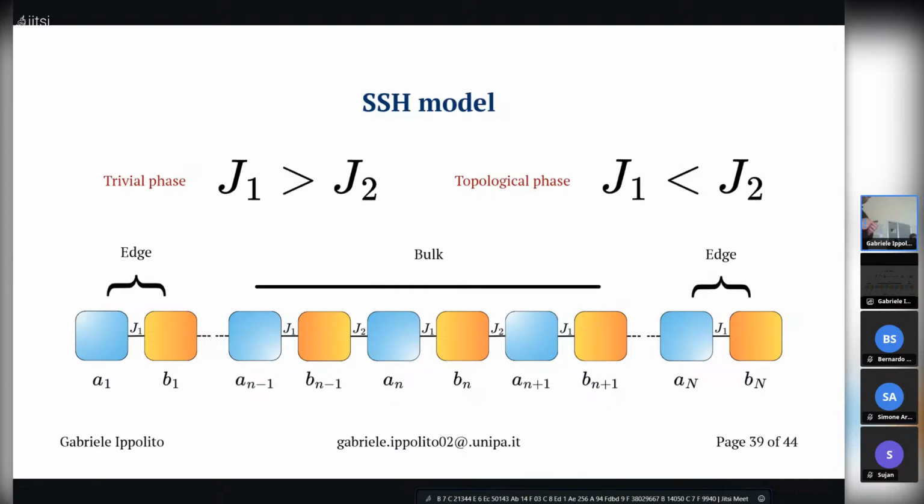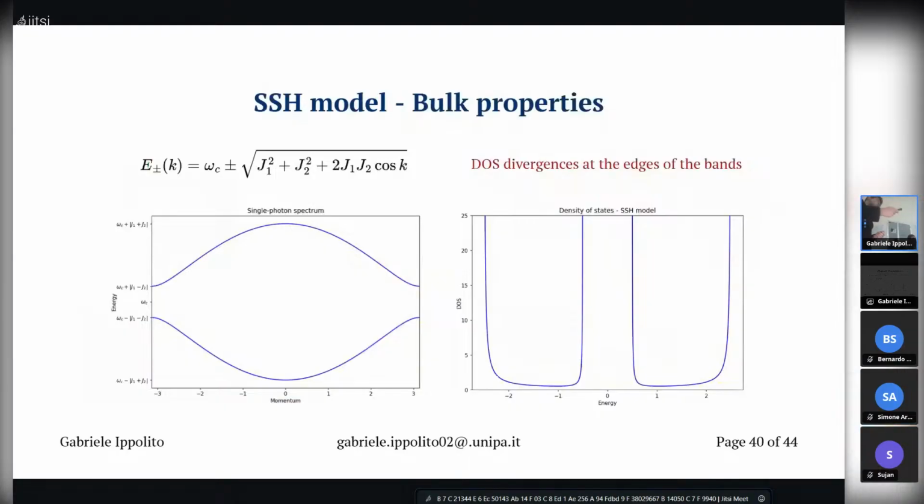And for what we are interested in, we consider only the bulk properties. So for now, we take periodic boundary conditions. We don't consider the edges of the chain, but we are only interested in the bulk properties and see how one atom put in the middle of the chain emits two photons.